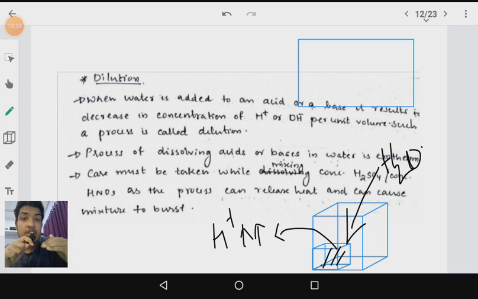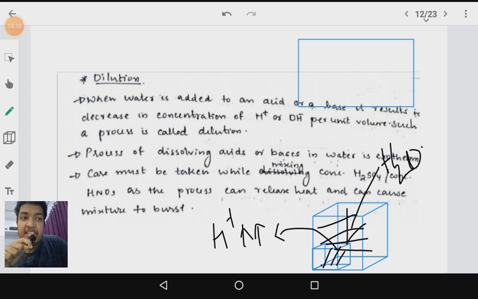The amount of solution that is present starts increasing, and the concentration of H plus in unit volume starts decreasing. However, the total amount of H plus ions in the overall solution does not change. So that is the important point to note.